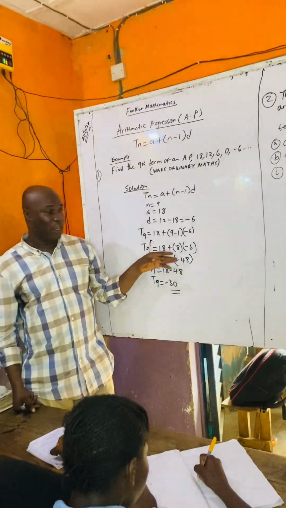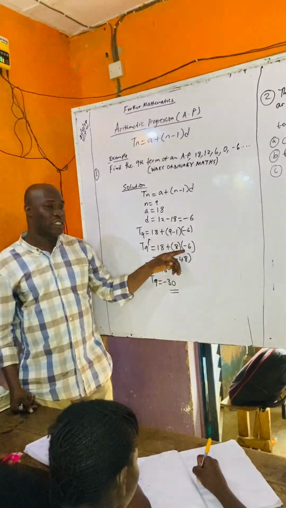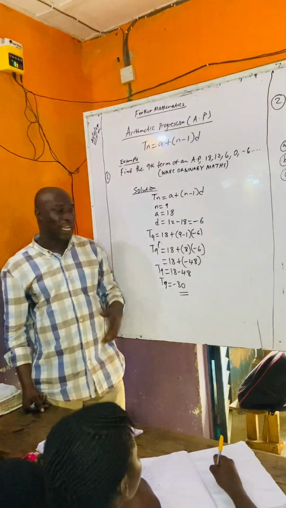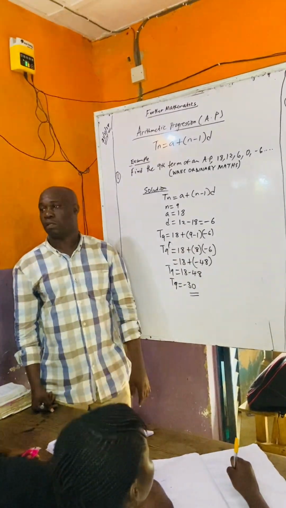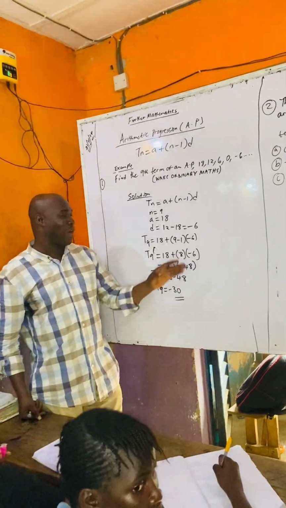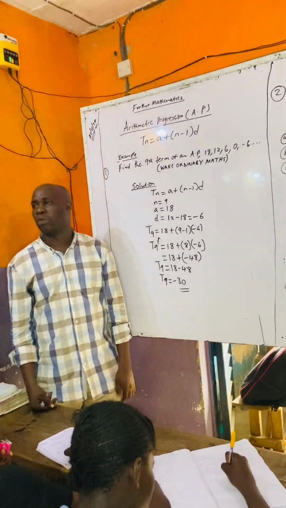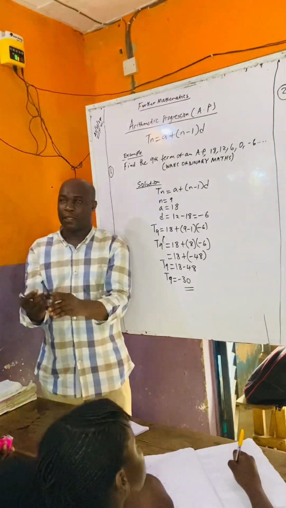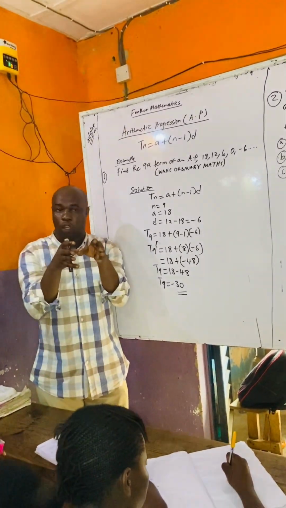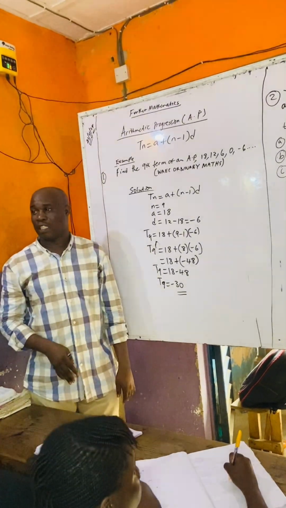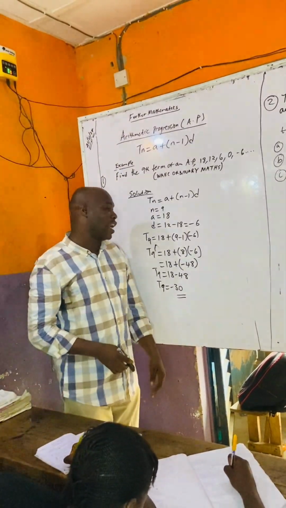If I didn't put this bracket here, to some students it will sound like 8 minus 6. Do you understand that? So I have to put it. When it's an ordinary number, you can put it in the bracket too. That bracket is telling you that you have to multiply the number enclosed inside the bracket with the number at the front. Is that taken out? Yes, sir. Alright, so that's that.